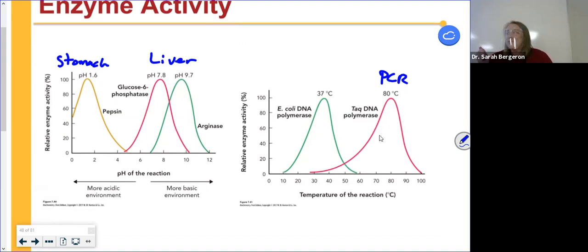So in this section we covered 3 really big things that affect enzyme activity: concentration in general, whether that's substrate or enzyme concentration, pH, and temperature. Those are the big 3, right?